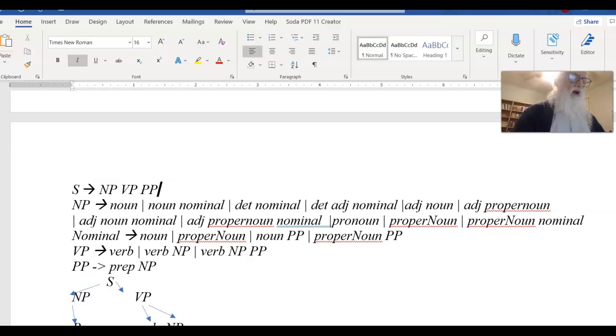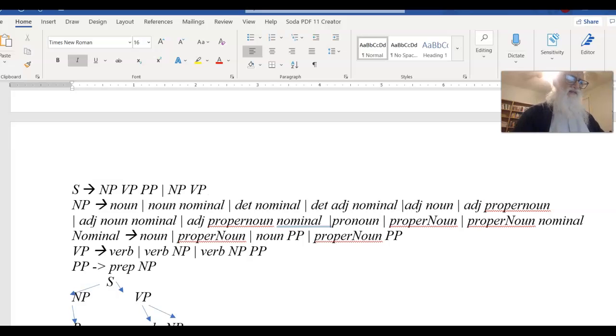Now, or NP, VP. There's lots of possibilities here. I put the PP in because I couldn't get what I wanted any other way. So we'll see how this works. Now, NP has lots of possibilities. I added quite a few of these to the original.